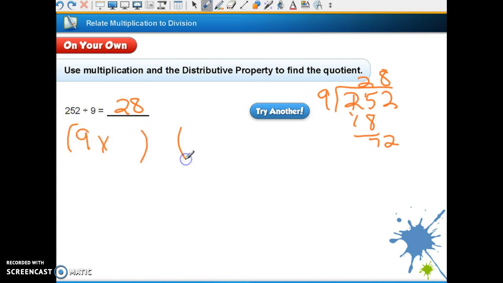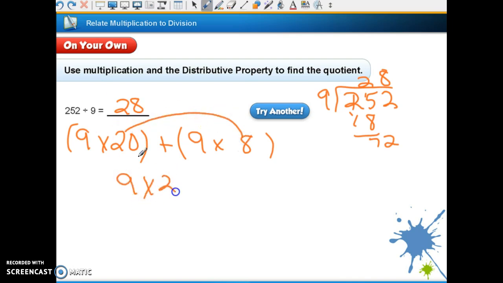Go ahead and take that factor, or that divisor, and put it in those parentheses, and then break your 28 down into 20 and 8, so that you have 9 times, and we're going to add these 2 things, 28 equals 252.